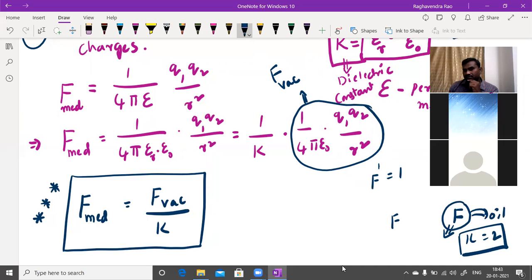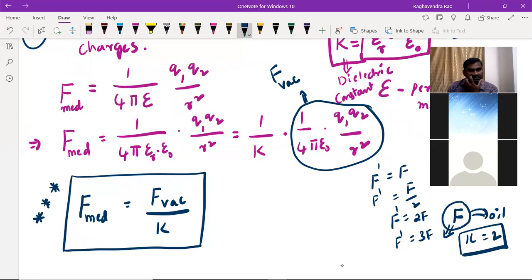The options are F, F by 2, 2F, 3F. With K value 2, the answer is F by 2. So when the charges are placed in a medium of dielectric constant K, the force decreases by K times. F medium is equal to F vacuum by K.